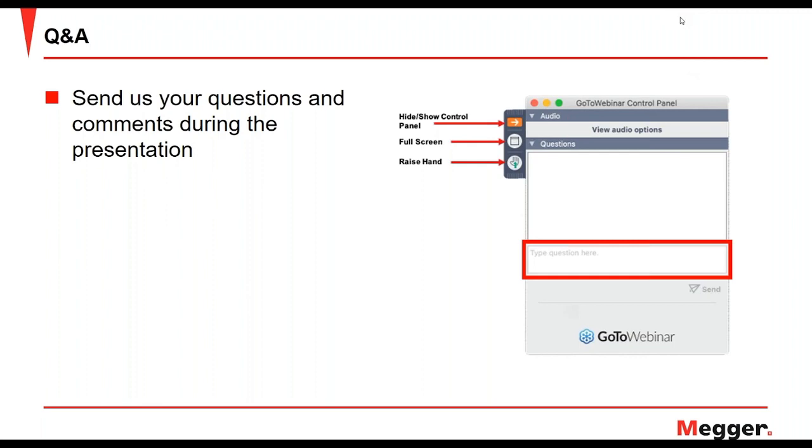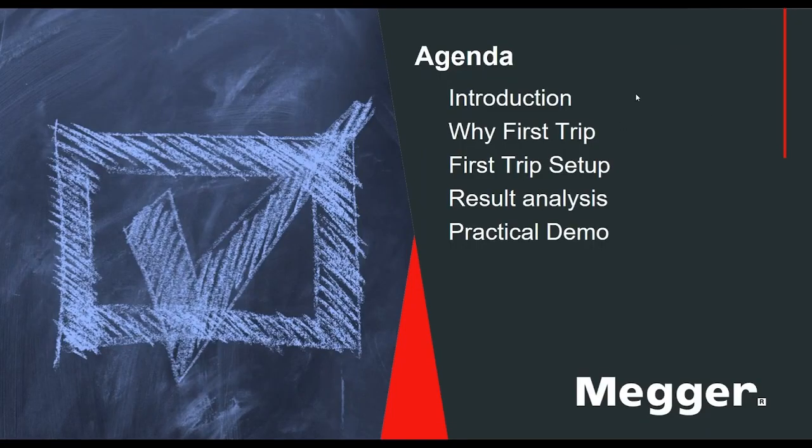Our session is about first trip, and our agenda is: first, I will give a quick introduction about circuit breaker testing, how we do things in circuit breaker, the conventional way of testing. Then I'm going to talk about why the need for first trip first arose and what benefit we get from doing the first trip test on HV circuit breakers.